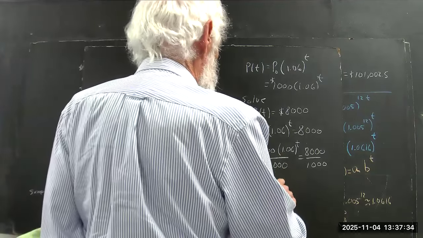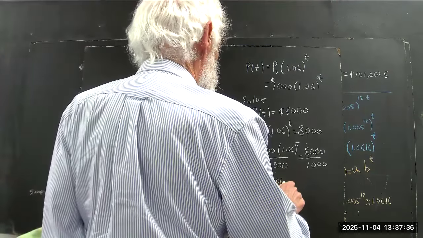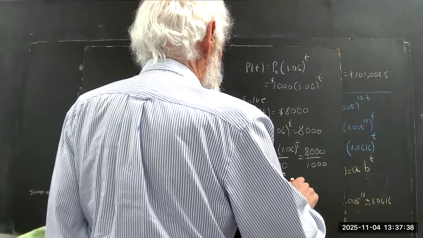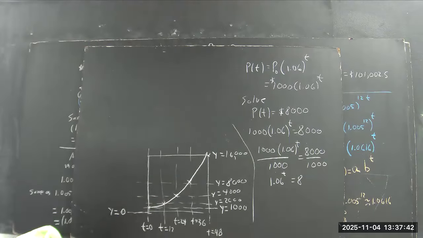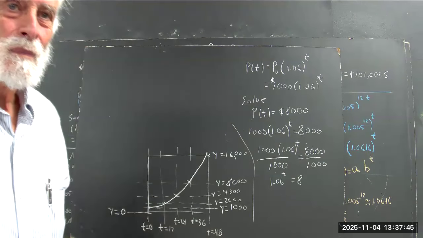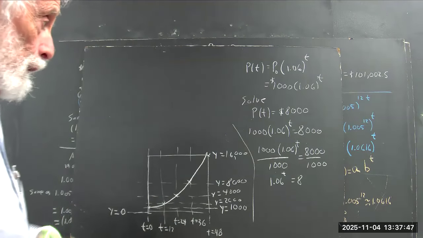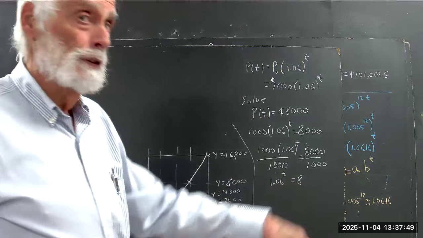So 1,000 goes into 1,000, it leaves you with 1.06 to the t equals 8. Isn't that a lot nicer? Now you just have to figure out what power of 1.06 gives you 8.